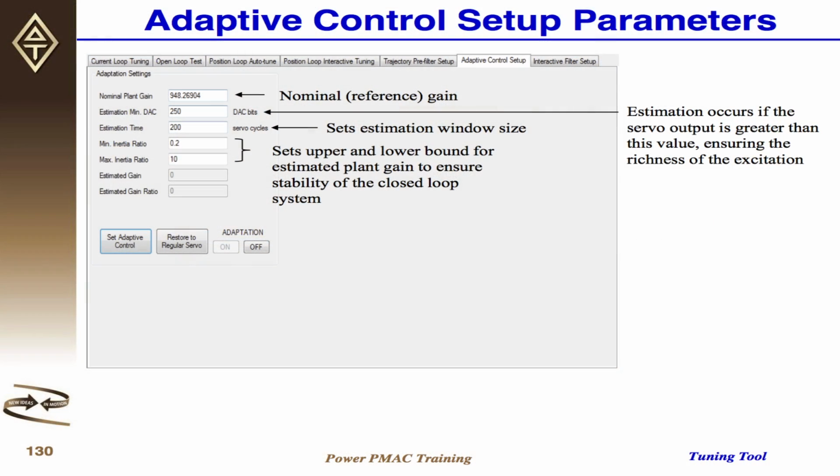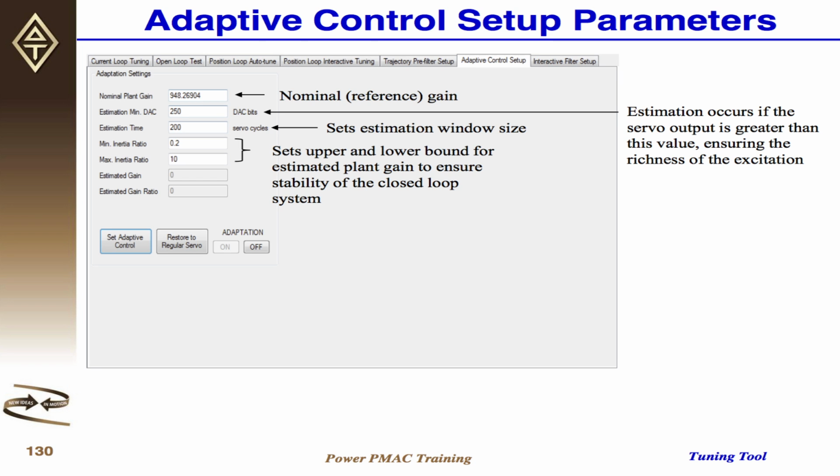And you can easily set this up. If they updated your IDEs, you will also see gain scheduled adaptive control. But let me first talk about how you set up this adaptive control.